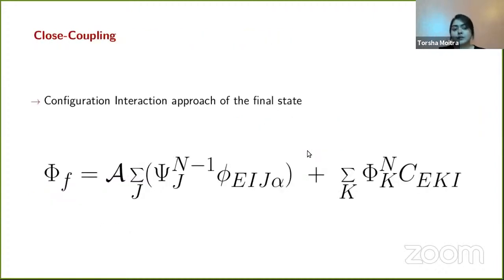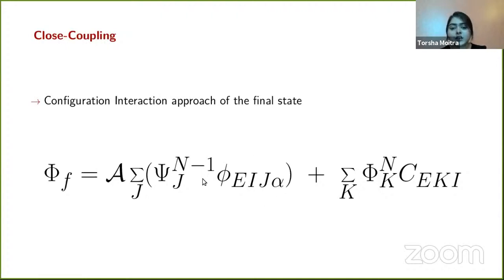In principle, we can expand the final composite wave function phi_f in terms of the configuration interaction approach of the final state. This has 2 terms. The first term is the antisymmetrized product of all n-1 bound electron states accessible at energy E coupled to the continuum wave function.